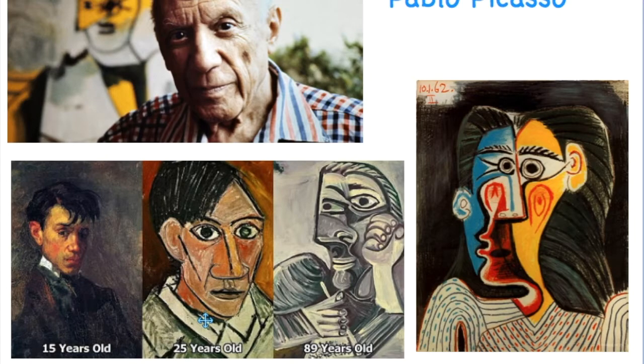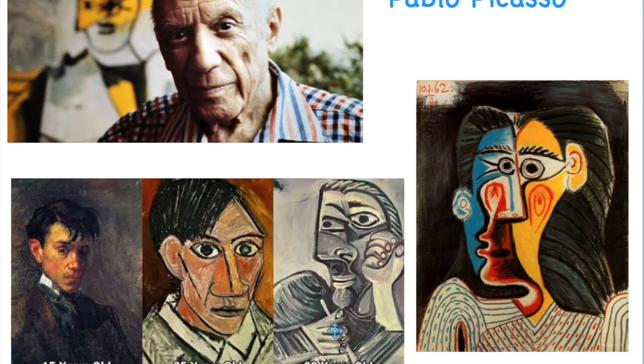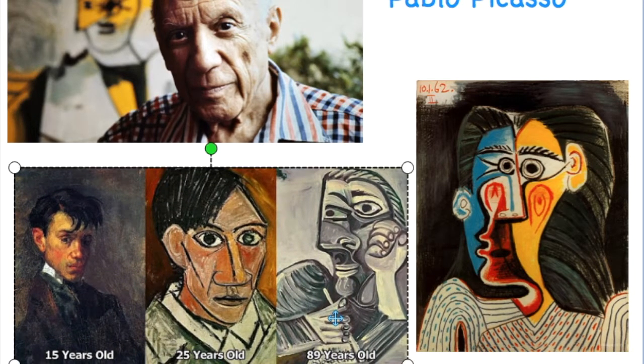Then when he was 25 years old, he started making his lines a little sharper and trying to get some shapes in there. And as you can see, at the age of 89 years old, that's many years of life experience, Pablo Picasso went all the way in with his Cubism style and his self-portrait.